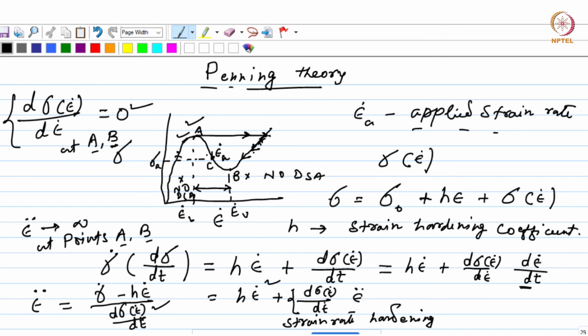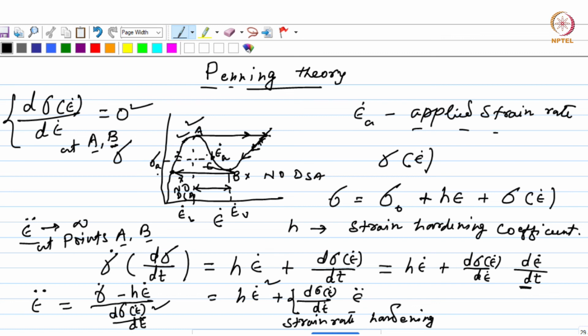As it comes to point B, this particular term is again 0, and therefore here also epsilon double dot will become infinity. As soon as it comes to point B, there will be one more strain rate jump. The strain rate will again jump from here to here immediately, and come to this point.